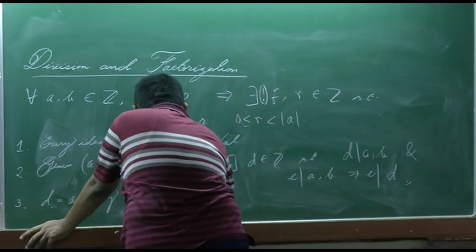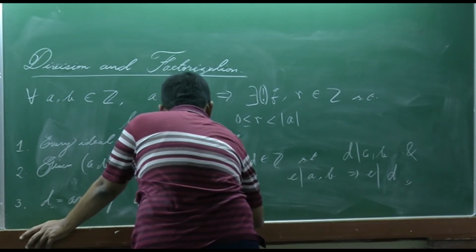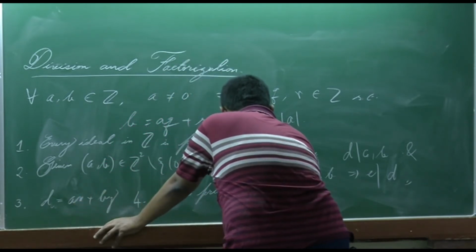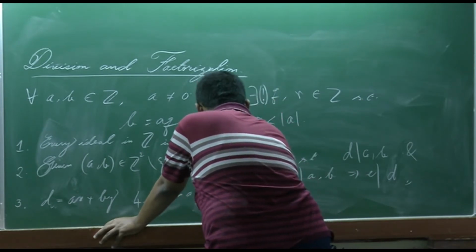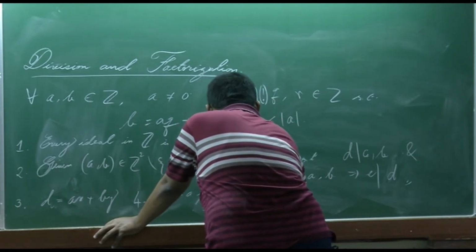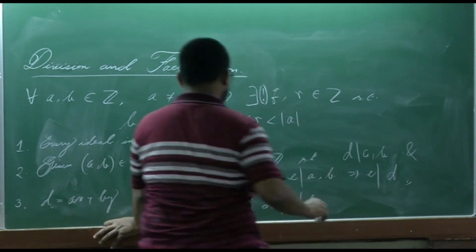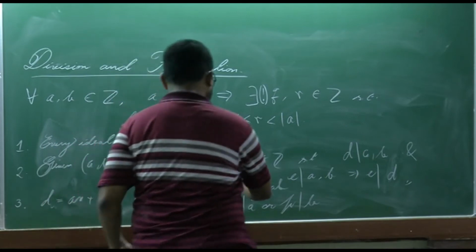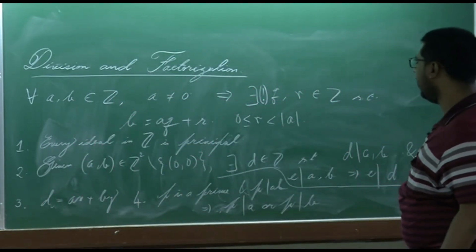Suppose P is a prime, and P divides AB, that should imply P divides A or P divides B. This is also another thing.